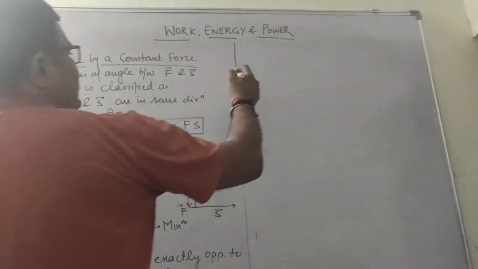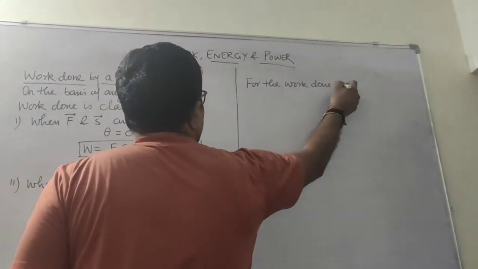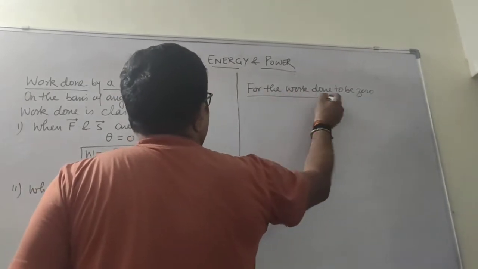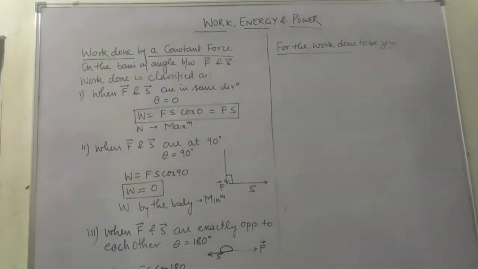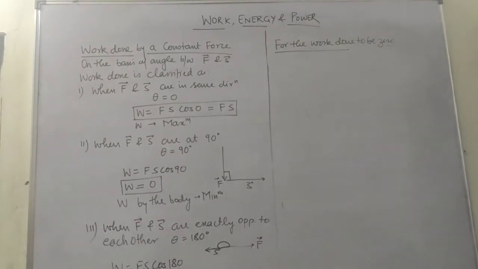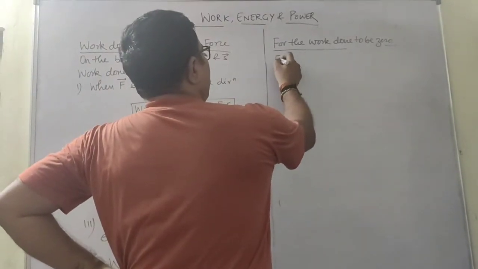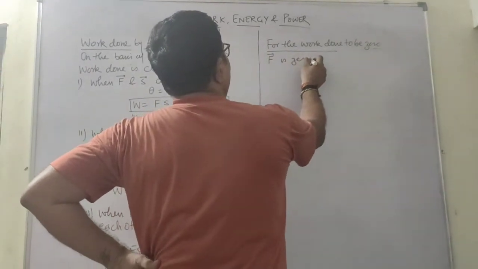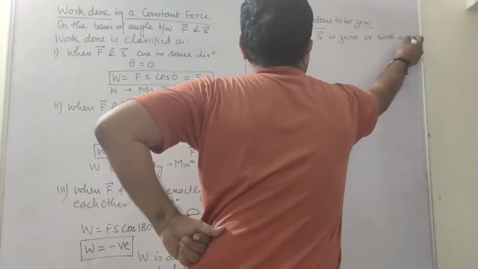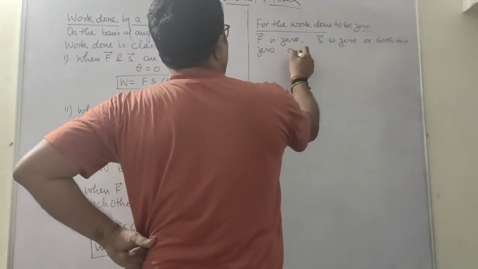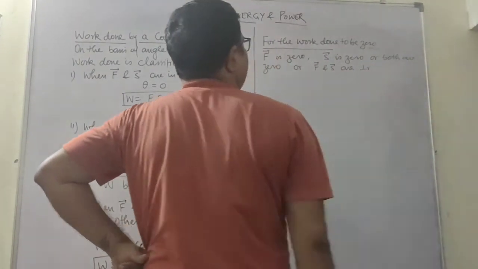So for the work done to be 0, either force is 0 or displacement is 0 or both are 0, or force and displacement are making an angle of 90 degree, are perpendicular.